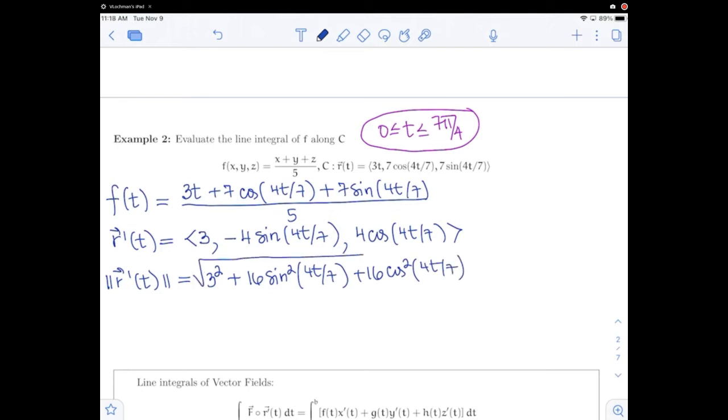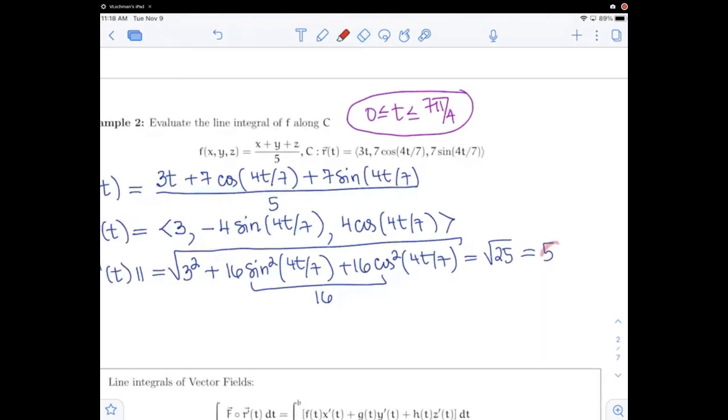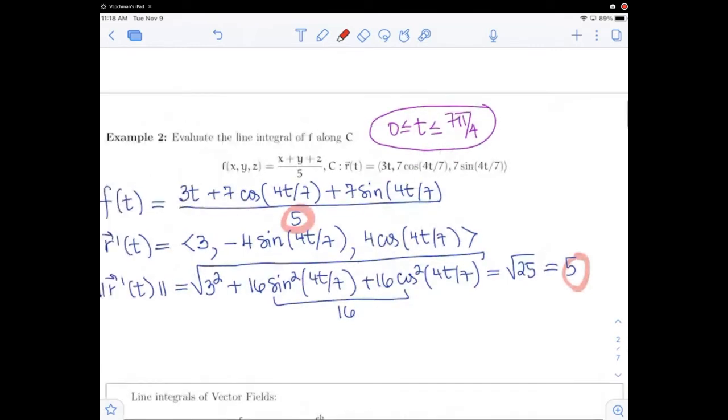And we take the square root of this. Now, this is just a fancy long way of writing 16. Okay. 16 plus 9, that's 25. So we get 5. Oh, look at that. 5 right here and right here. It's going to cancel out.